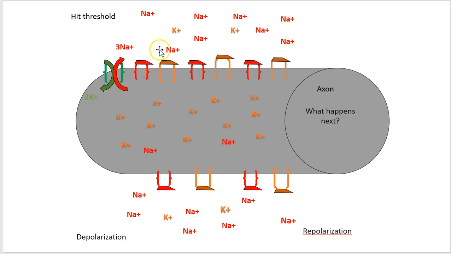So in comparison to each other, the outside is more positive than the inside. The outside is more positive because we're pumping out more positives than we're pumping in. So when we stick a voltage meter in this neuron, it's going to have a negative potential, specifically -70.